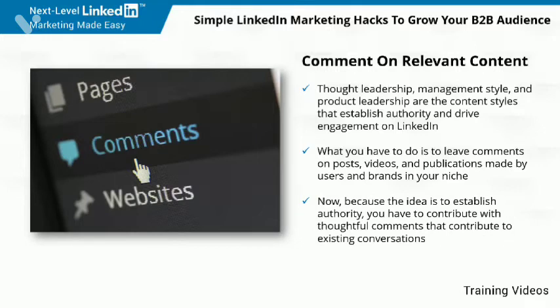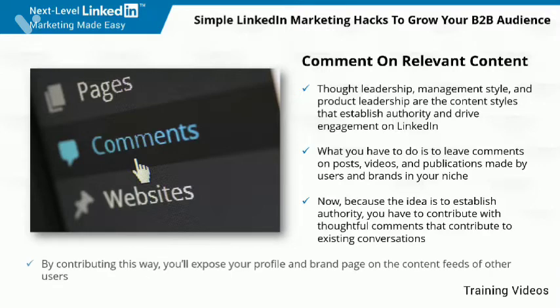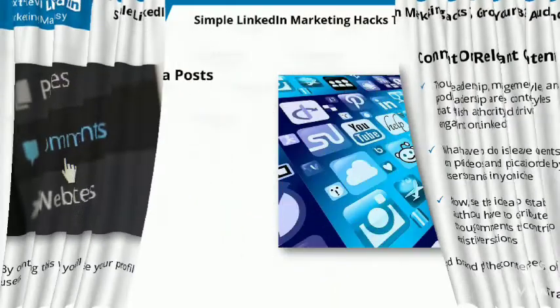Now, because the idea is to establish authority, you have to contribute with thoughtful comments that contribute to existing conversations. You can do this by adding your point of view, by providing complimentary information, and by adding hot takes that expand the conversation and spark debates. By contributing this way, you'll expose your profile and brand page on the content feeds of other users. Thought leaders and decision makers won't hesitate to start following your brand and adding you to their networks.